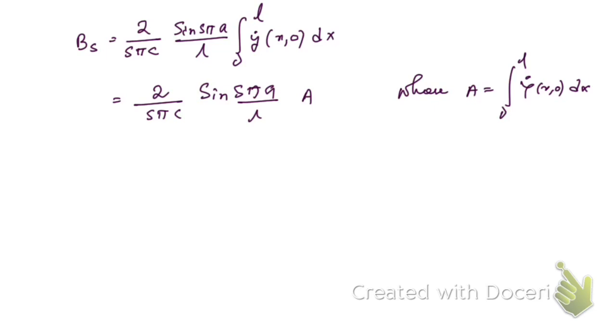And in that case you can write bs is equal to 2A by s pi c sine s pi a by L. That's what you're going to have.